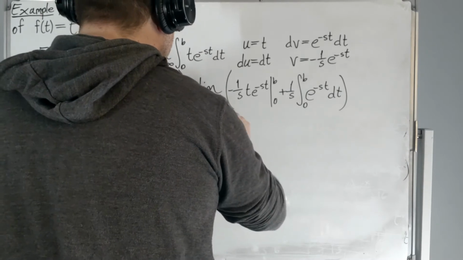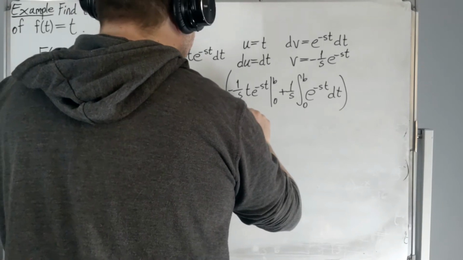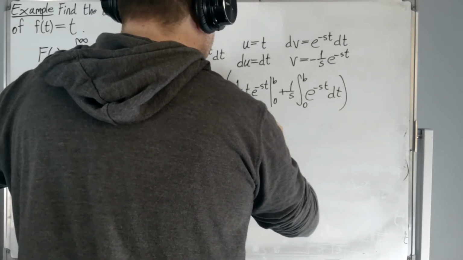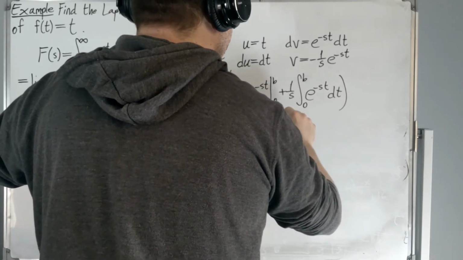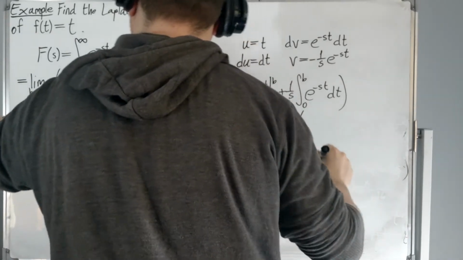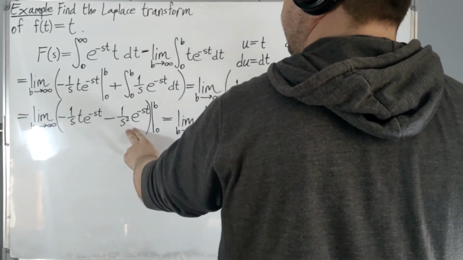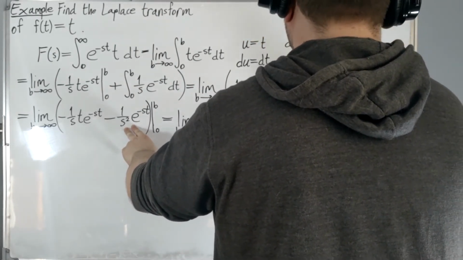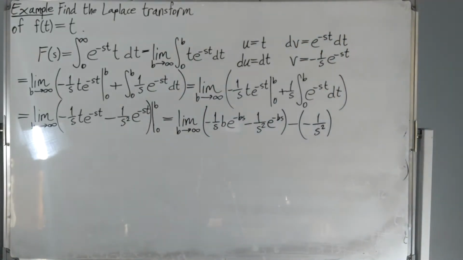So we have negative 1 over s, b, e to the negative bs, minus 1 over s squared, e to the negative bs, minus, okay, when t equals 0, this first term is just 0. And then this last term is just negative 1 over s squared. And b is approaching infinity.